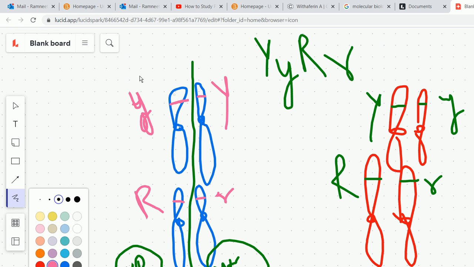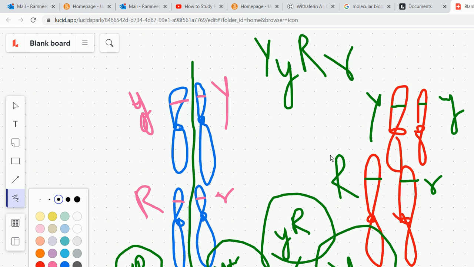The gametes which will be formed in this orientation will be small y, capital R. And this side will be capital Y and small r. Okay. Now you can also switch this R on this side and this R on this side, and you will see that in total these are the 4 kinds of gametes which are going to be formed.